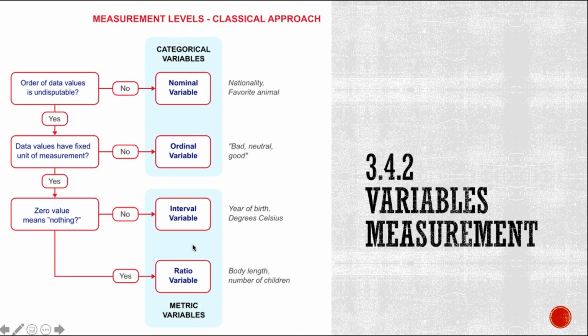If the 0 does not have a meaning, then we use an interval variable, like degrees Celsius. If we say 0 degrees, it's not that there is no temperature. There is temperature, but it is 0.